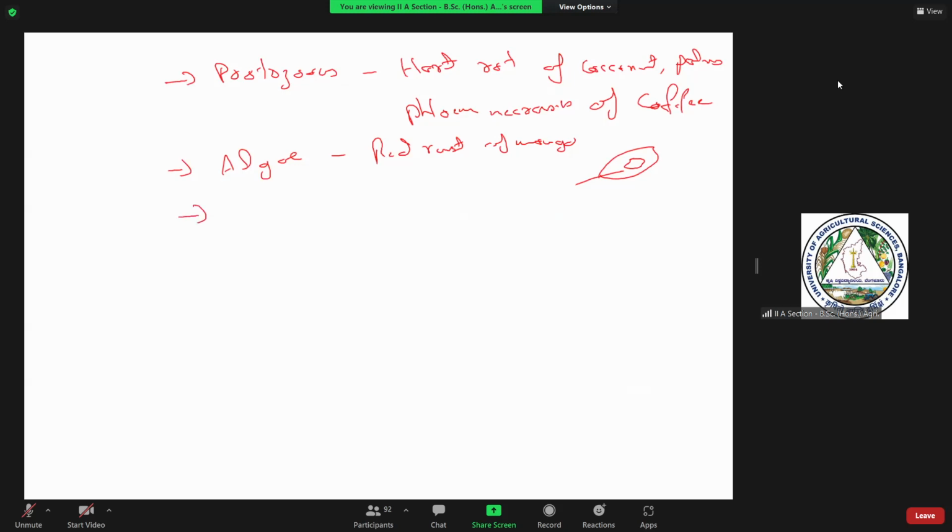Then metazoan animals, and here we have the nematodes.